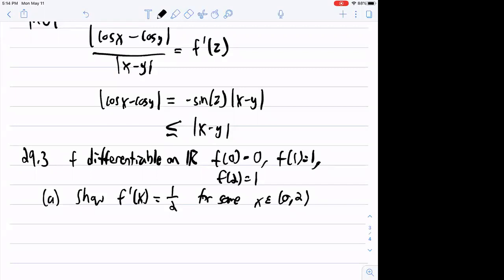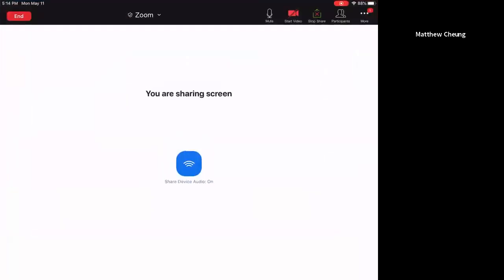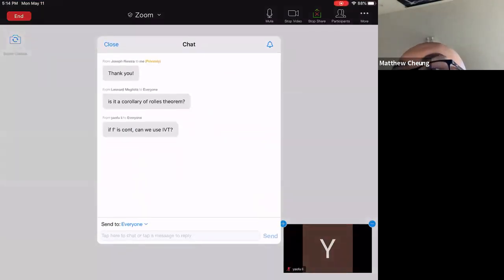So how am I going to get the fraction 1 over 2? Yeah, if f prime is continuous, you can use IVT, but what does IVT say?